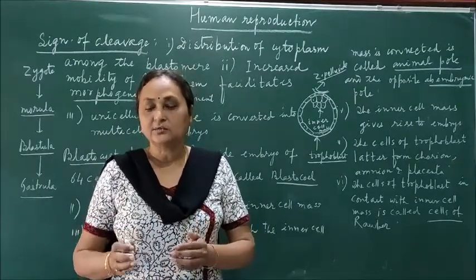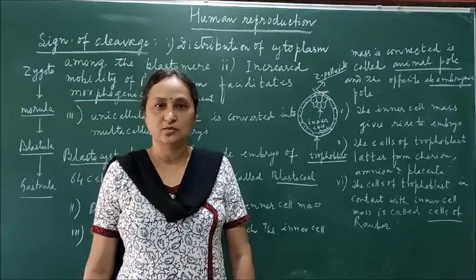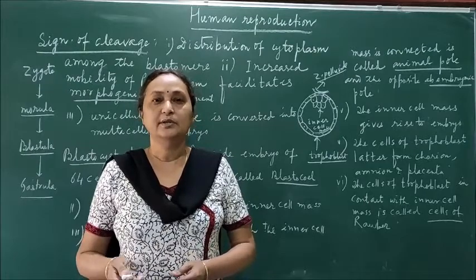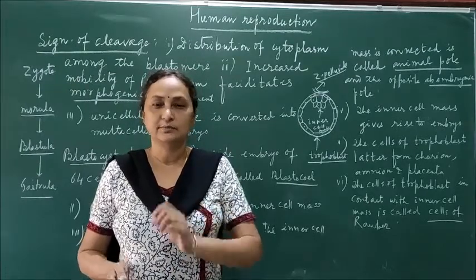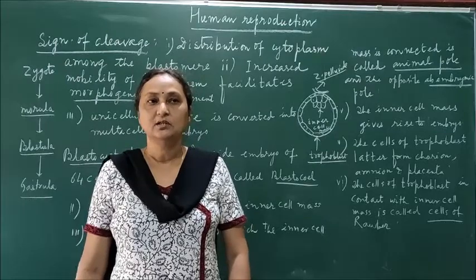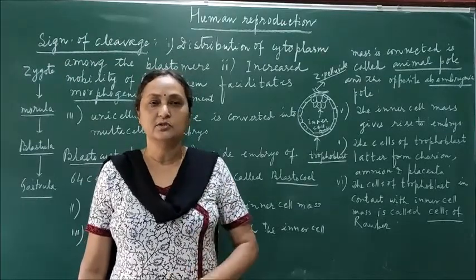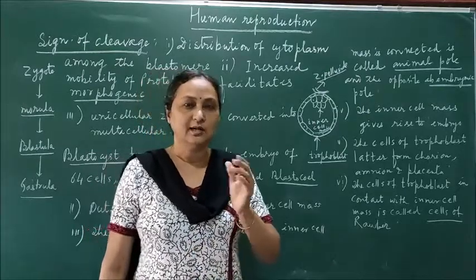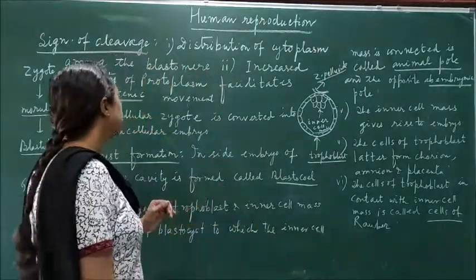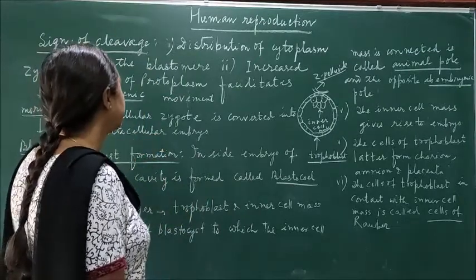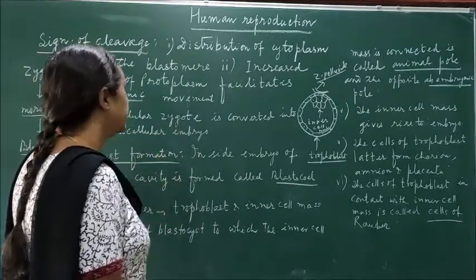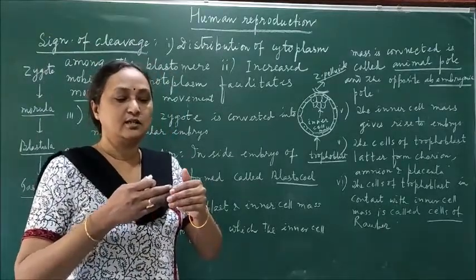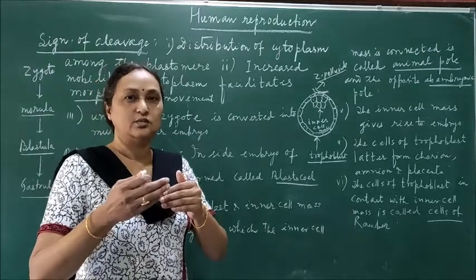Gradually this cytoplasm is equally divided among the blastomeres. So by the distribution of the cytoplasm, what is happening? It is helping in the process of morphogenic development. Morphogenic development means formation of different morphological features or formation of different organs. So that process starts, and ultimately the single-cell zygote is converted into a multicellular embryo.